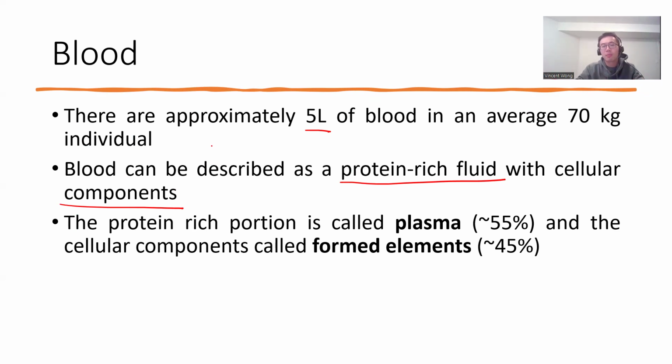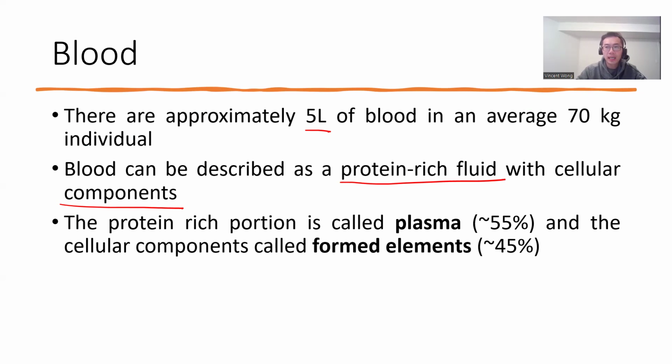The fluid is mostly water, and in that water we have a bunch of proteins that are dissolved in it. As you will see, there are also minerals and nutrients and some waste products dissolved in it as well. And then if you throw in some blood cells, then essentially you have blood.